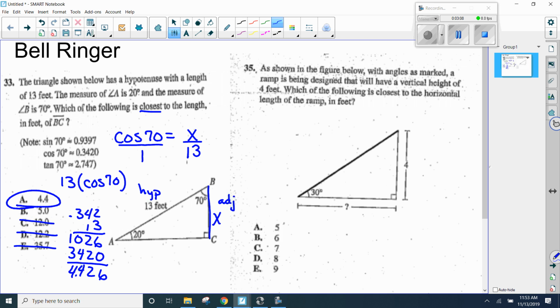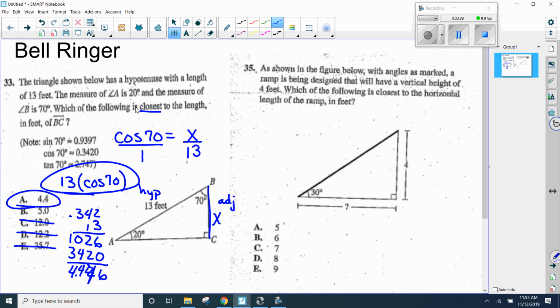The closest one is A. A is your answer. 4.44. Oh yeah. Thank you. I can't add. I was just getting to my answer. 4.44. So your answer is A. You could do it without your calculator. If not, can you type that in on your calculator and hopefully get 4.4?